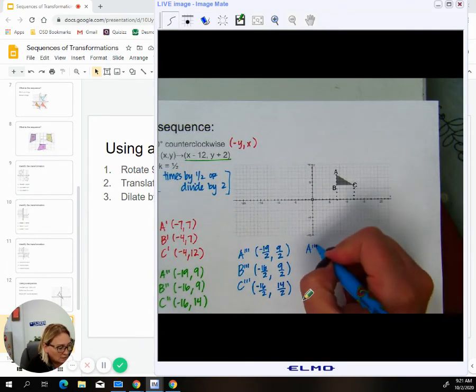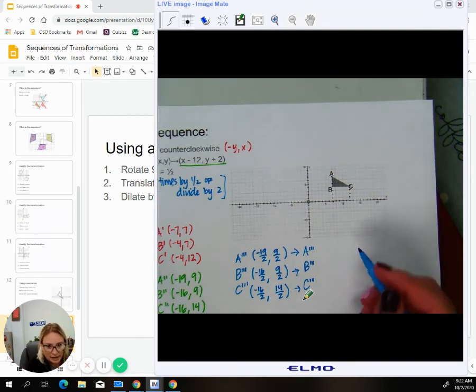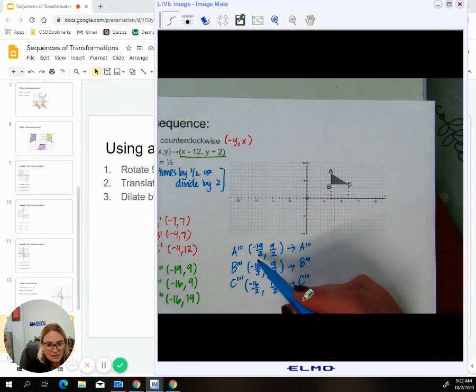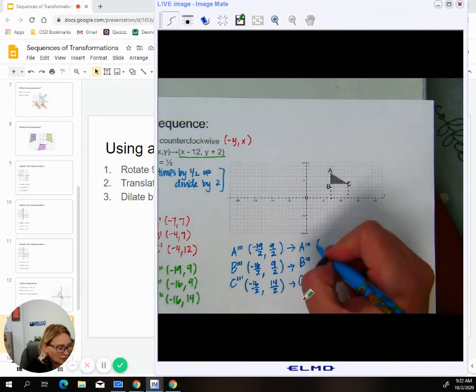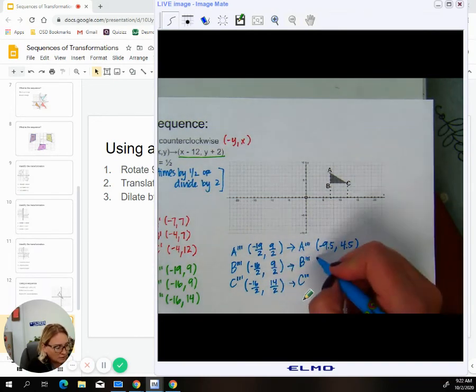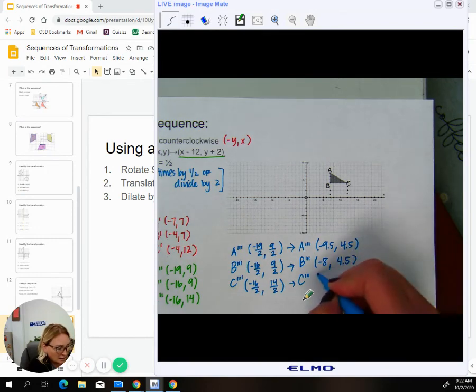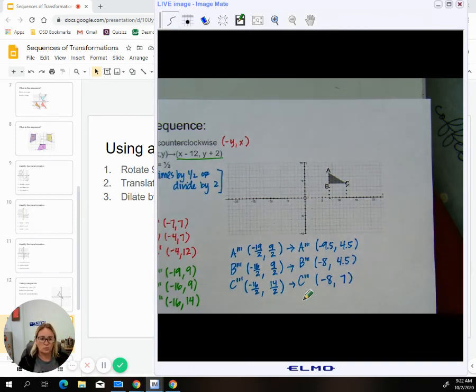So that means I'm just going to rewrite it so that it's a little simpler, okay? So negative 19 divided by 2 is actually negative 9.5. 9 divided by 2 is 4.5. Okay, this one is a nice even (-8, 4.5). And this is nice even numbers as well.